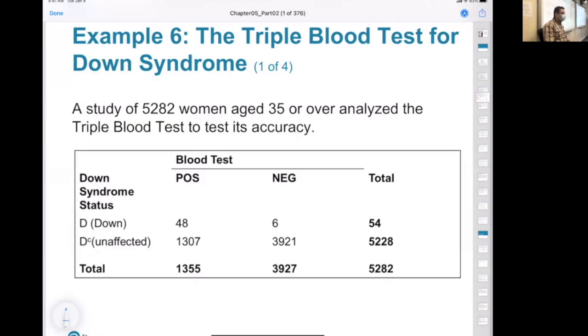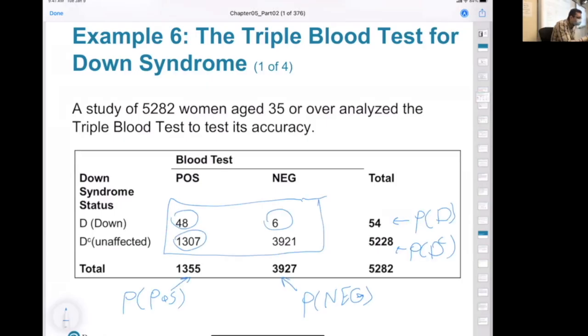And also we have if the woman has Down syndrome status, so we'll say D, Down, or it's not affected, so we have the complement D^C, unaffected. And we have here the frequency for all these combinations, as you can see here.